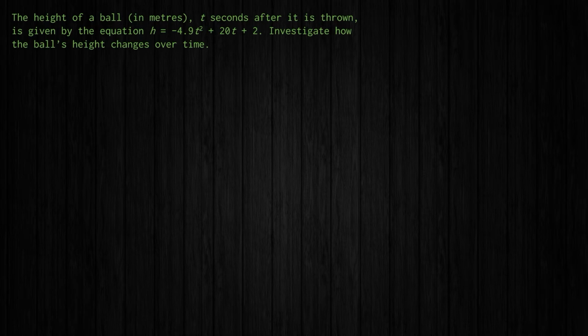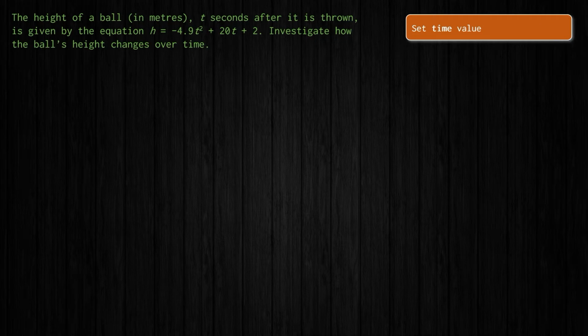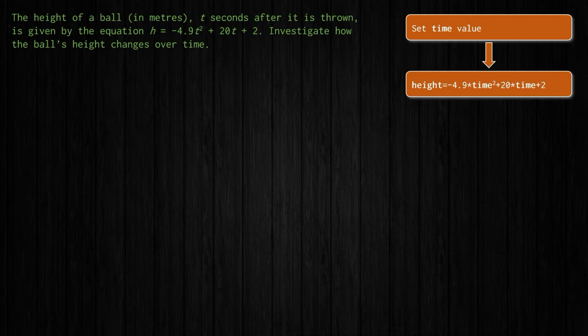So how are we going to do this? Well, the first thing we're going to do is set a time value. If you were trying to find a height value for a certain time, the first thing you would do is choose a time. We can pick some time value. It can be whatever you want: 3, 4 seconds, 0 seconds. It really doesn't matter. Then we're going to tell Python what that time value is and ask it to calculate the height.